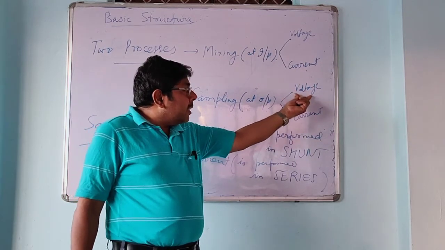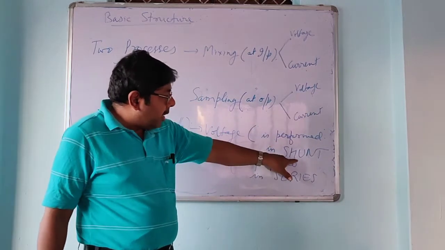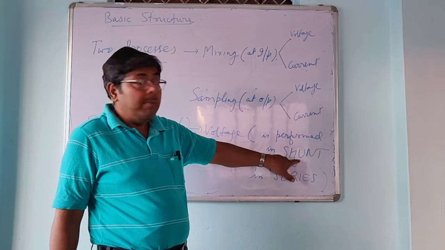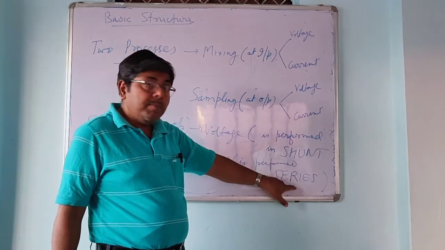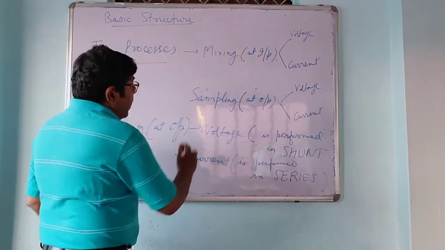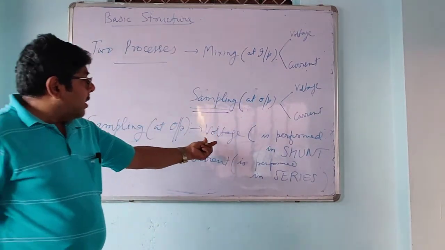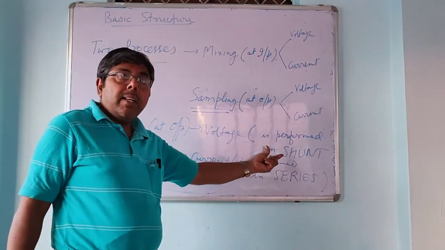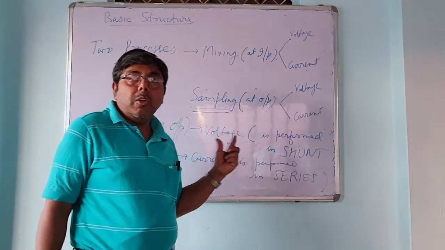So if we are taking samples of voltage, we have to connect in shunt, because we will get the same voltage. We will connect in parallel, and the same current is obtained in series. So for sampling, this term is important. Voltage sampling is performed in shunt or in parallel, and current sampling is performed in series.